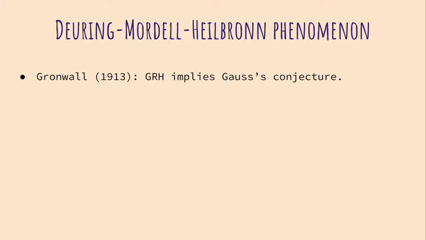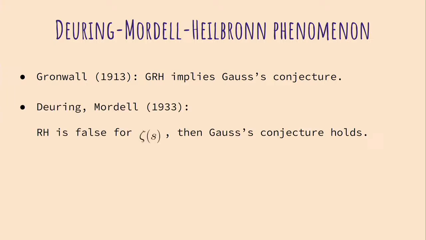This is one of the very curious phenomena that happens. It was proved by Gronwall in the beginning of the 20th century that the generalized Riemann hypothesis implies Gauss's conjecture. Twenty years later, Deuring and Mordell showed that if the Riemann hypothesis is false for just the Riemann zeta function, then also we get Gauss's conjecture.